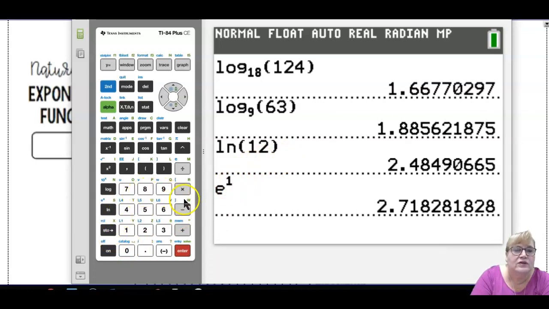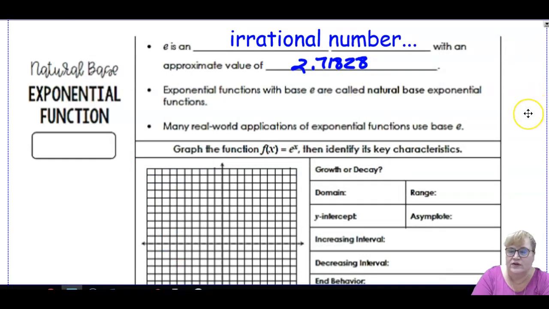It is also somewhere on here a plain old little e. I don't even remember where it is. Oh, here, it's above the divide. You can use that little e as well, but I always use second ln because we're going to use it to undo logs, etc. All right, exponential functions with base e are called natural base exponential functions.